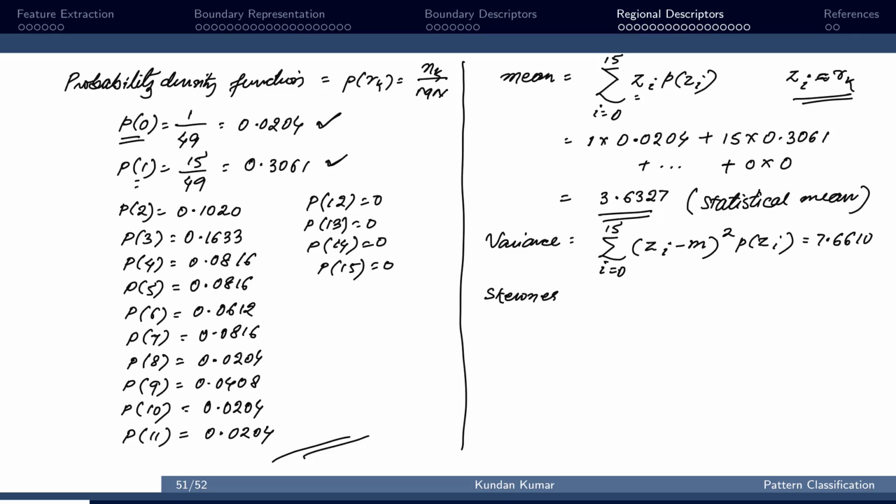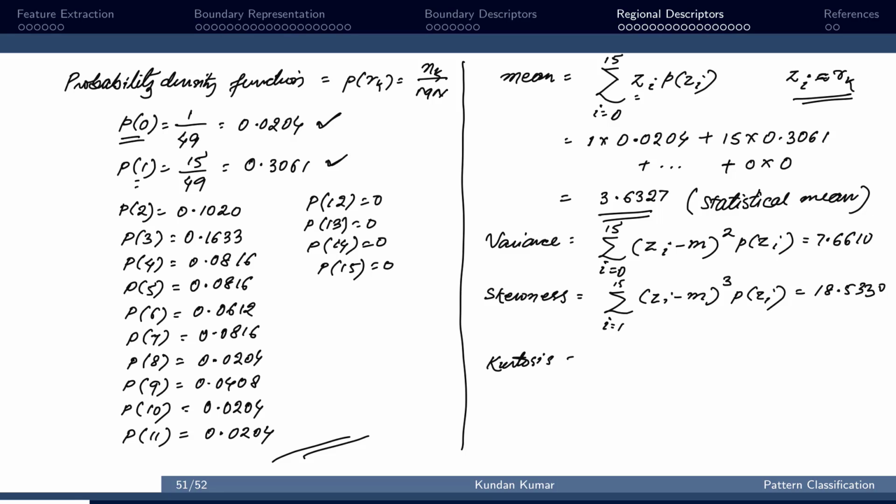Then for skewness, n will be 3, with i equal to 1 to 15, and this value is 18.3. So you can verify these values by calculating on your own.